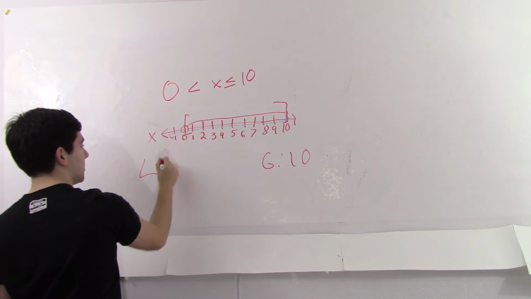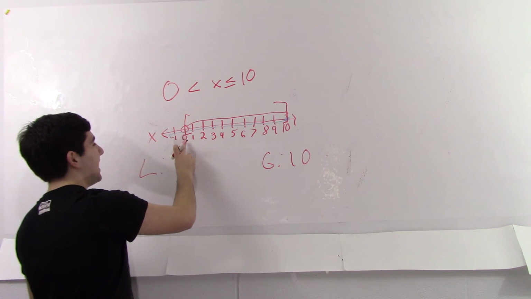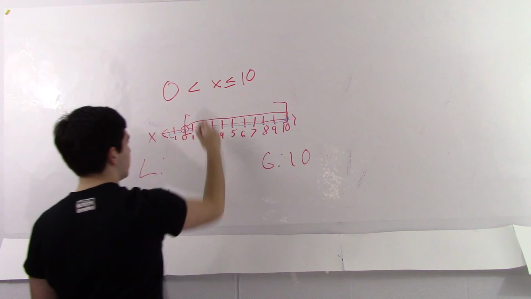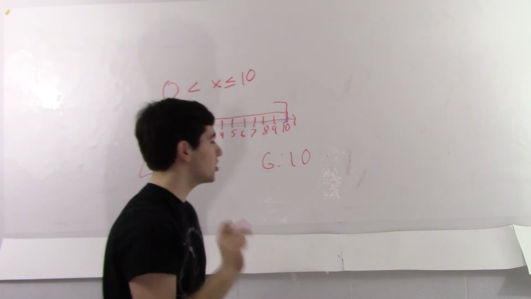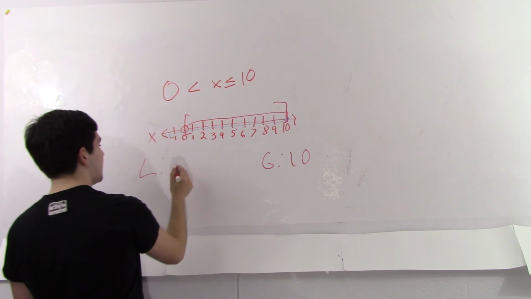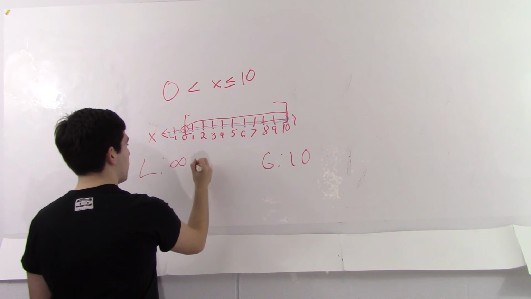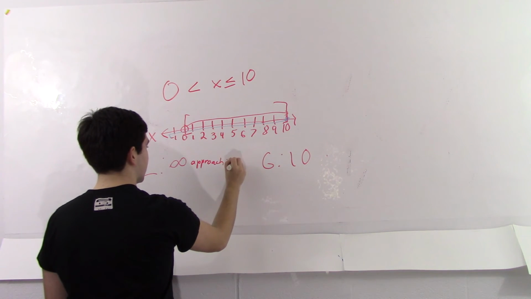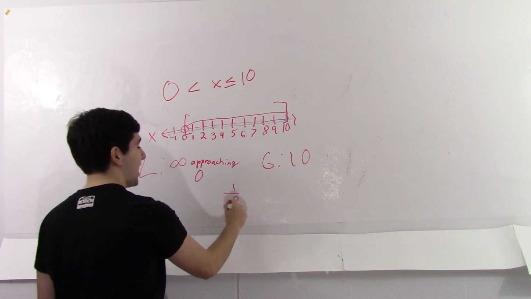What about our smallest value, our least value? It can't equal 0. It has to be in this condition. So what would be our smallest value? Is it 1? It's actually not 1. What it would be is infinitely small, approaching 0, which means that you can have 1/2.